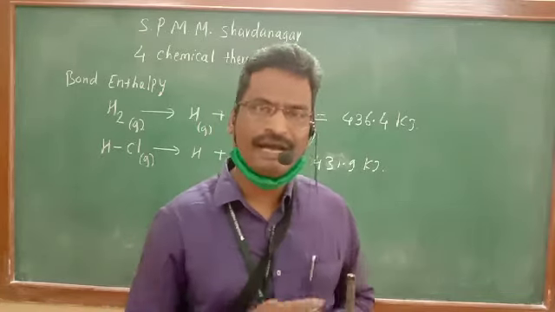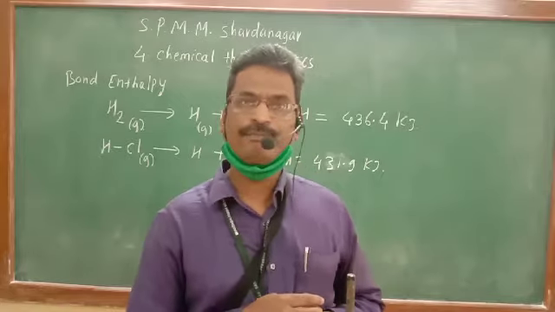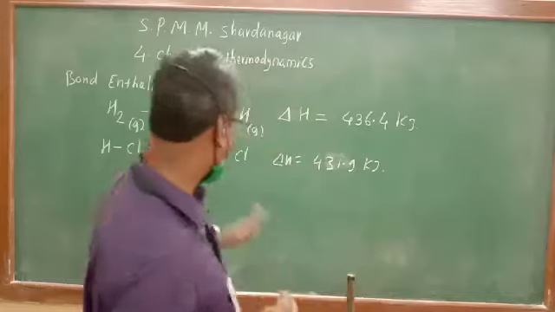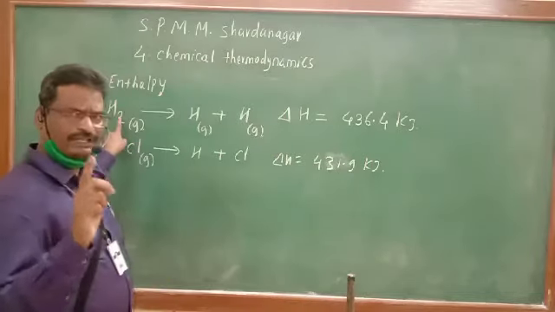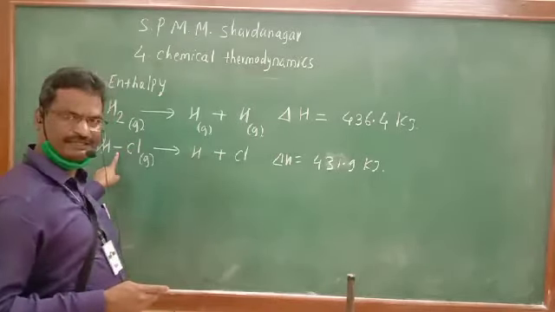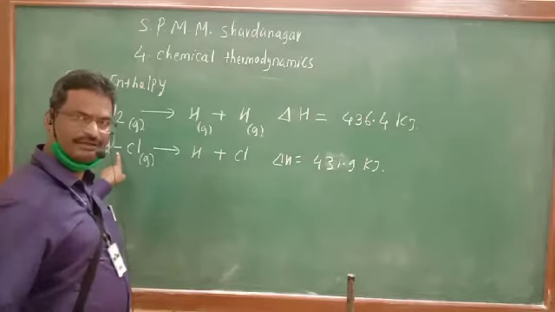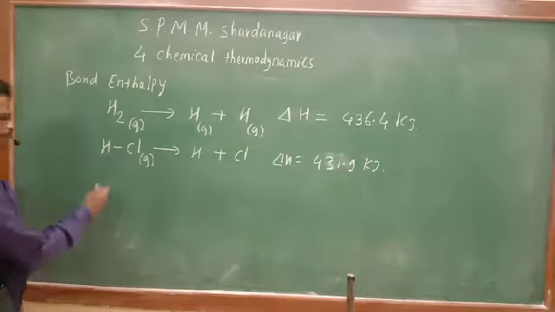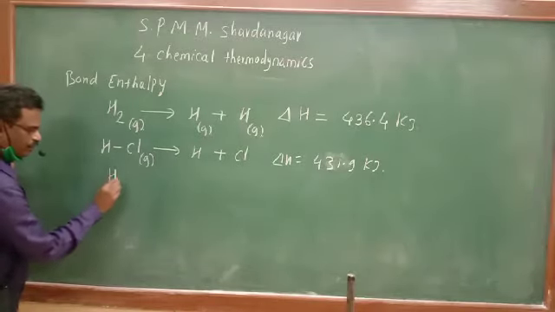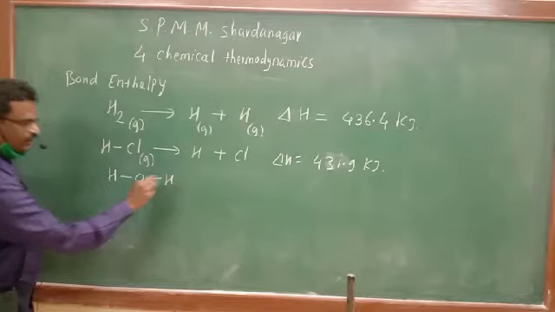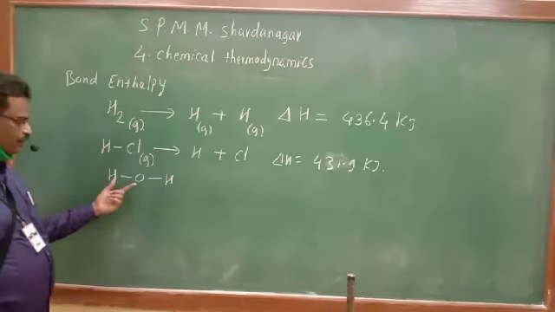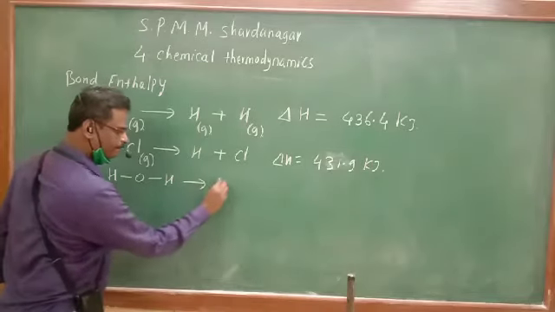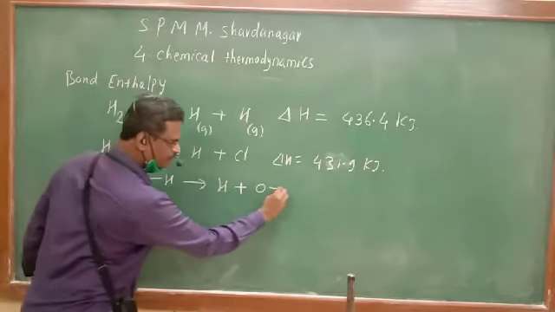What happens to the polyatomic molecules? In a polyatomic molecule, there are many bonds present. In diatomic, only one bond is present. But if we consider the case of a polyatomic molecule like water, HOH, it has two bonds, one OH and another OH. They can also be broken, converted to H plus OH.